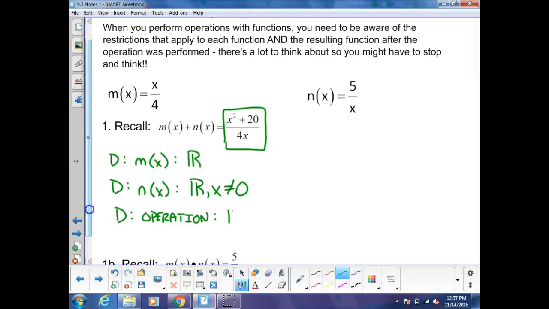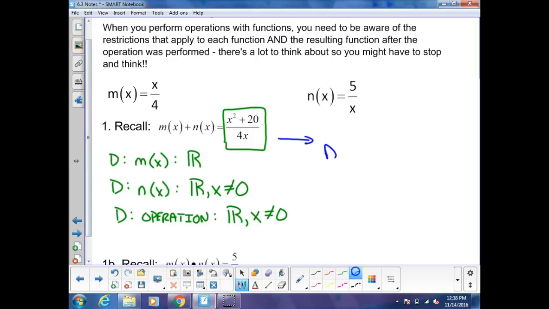All real numbers, with the exception x cannot be 0. Right? Okay. So I look at all of those and I put those all together.